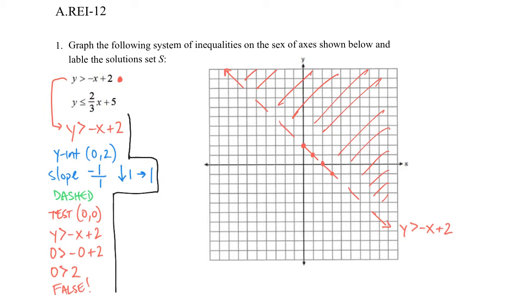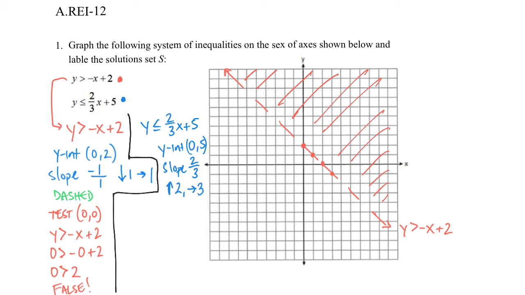All right, so let's deal with the next one, and we will do it in blue. Again, we notice it's already in y equals mx plus b form. So my y-intercept is (0, 5). And my slope is 2/3, which tells me to go up 2 and right 3.